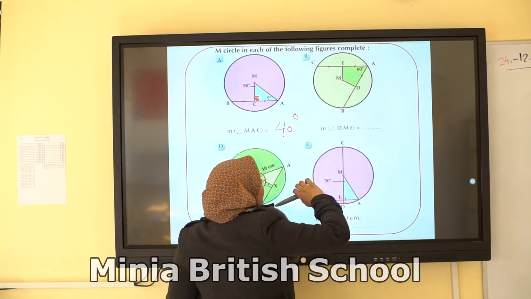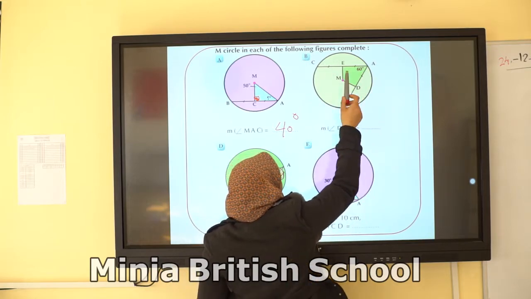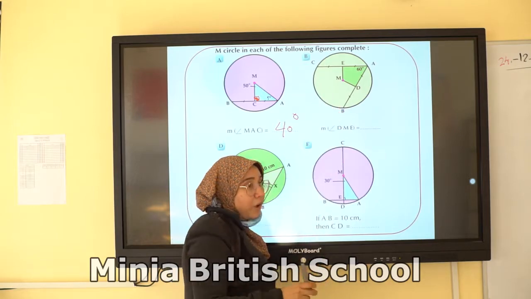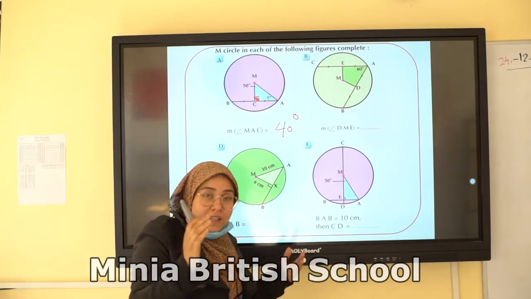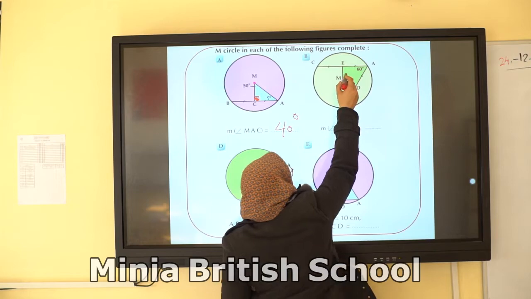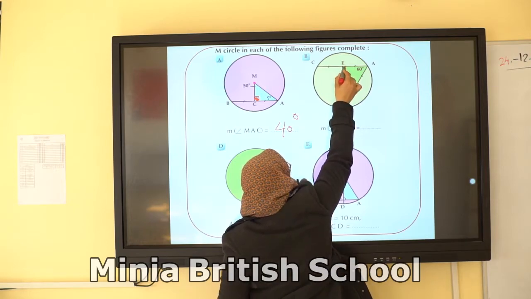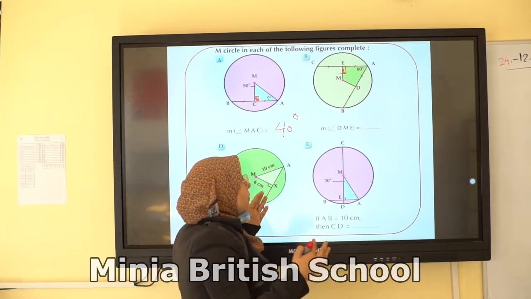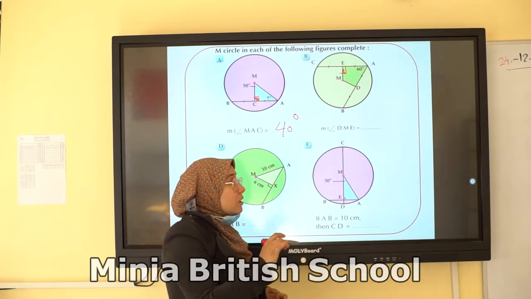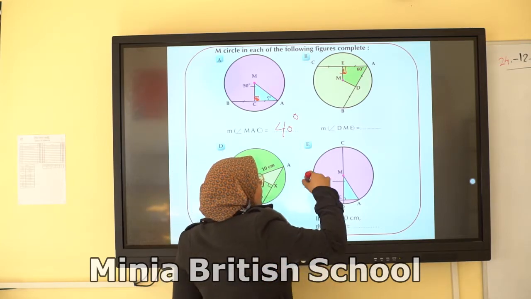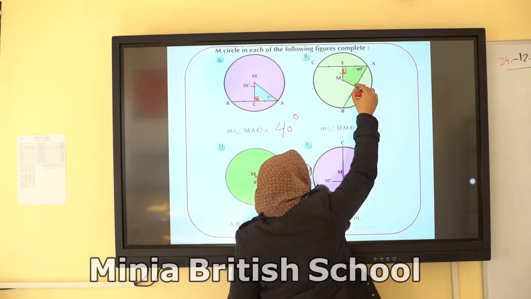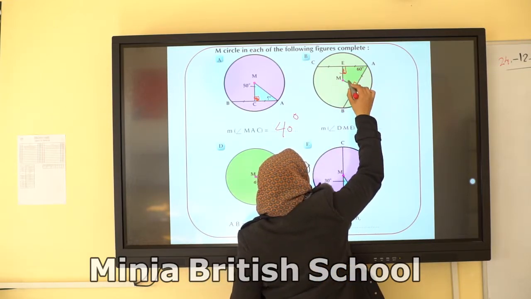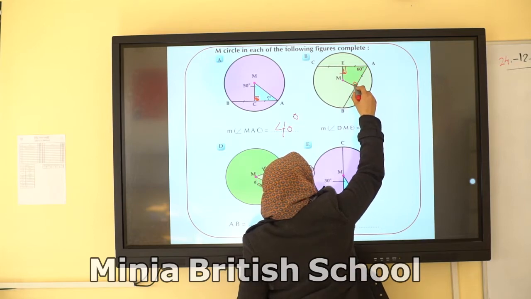ME bisects AC because E is the midpoint. Therefore, ME is perpendicular to AC. Similarly, MD bisects AB. Therefore, MD is perpendicular to AB.